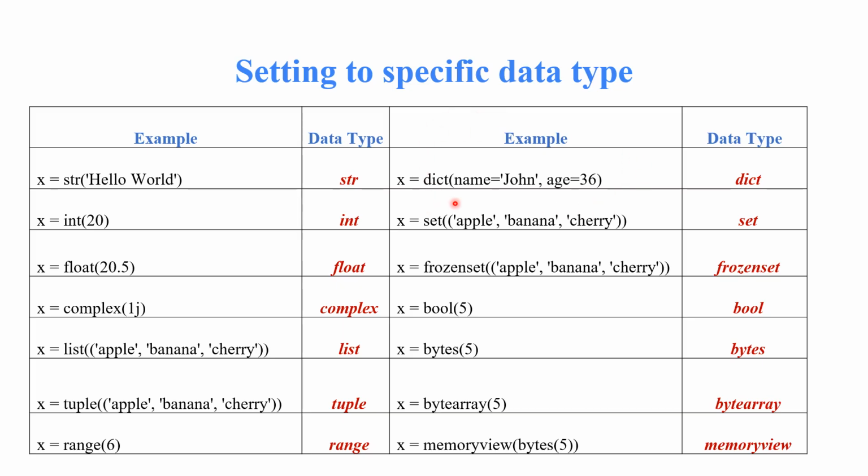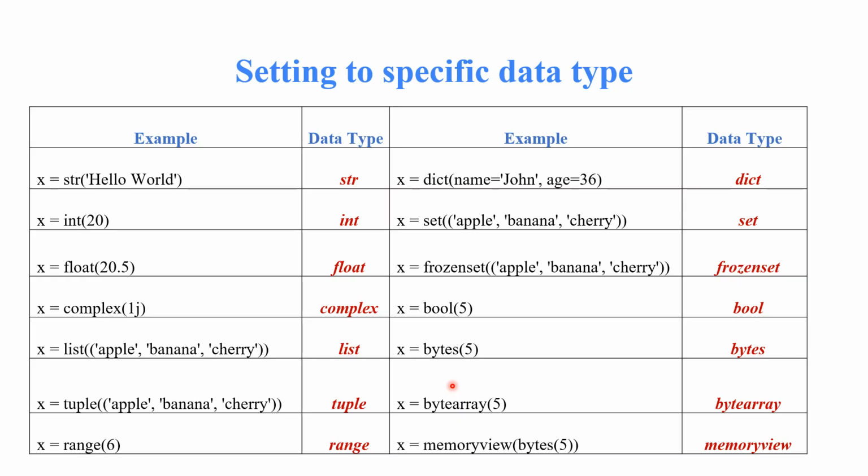Now it will give a dictionary with key value pairs. For set and frozenset, give the keywords set and frozenset in front of your input. Similarly, for Boolean and bytes data types, give the keywords bool and bytes in front of the data, and it will be treated as that particular data type. So this is the difference between setting to a specific data type and assigning a specific data type.